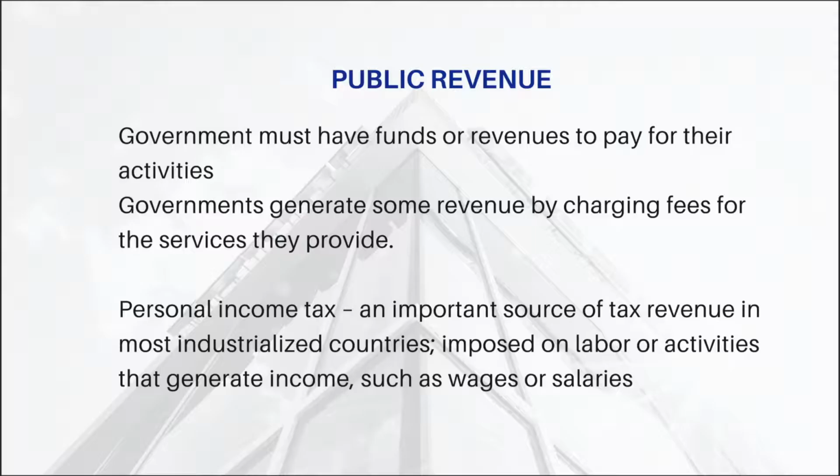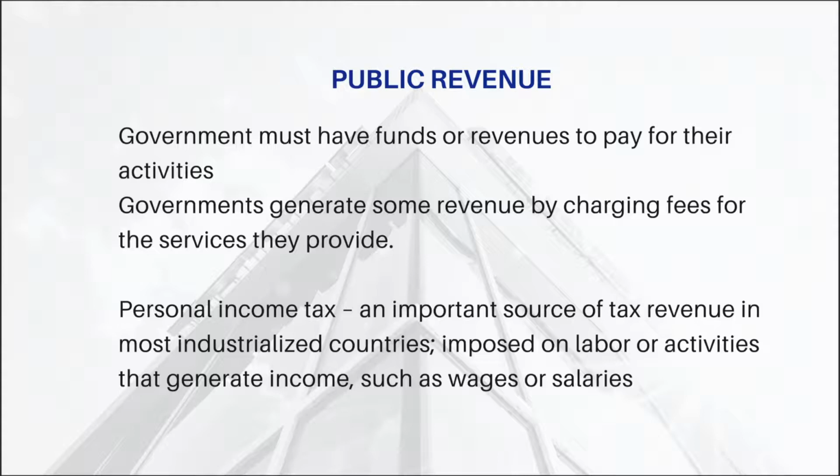First, public revenue. Government must have funds or revenues to pay for their activities. Governments generate some revenues by charging fees on the services they provide, such as entrance fees to national parks or tolls for using a highway. First, we have personal income tax. That's the most basic. It's an important source of tax revenue in most industrialized countries.